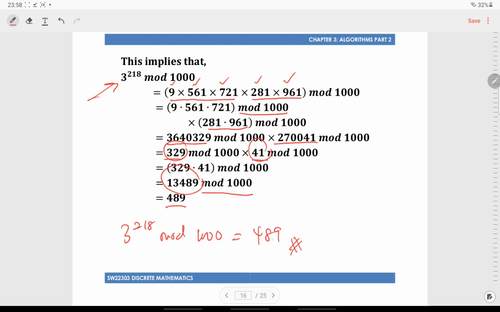Make sure the answer is smaller than 1000, because the modular reduction operation is mod 1000. The answer must belong to the set of integers modulo 1000. So 489 is smaller than 1000, so it belongs to the set of integers modulo 1000.